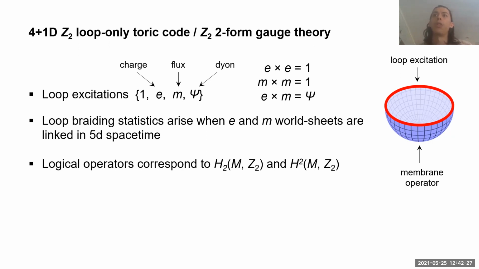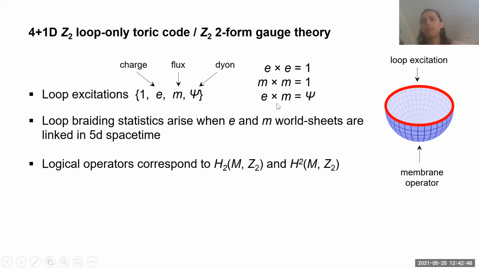So this theory has a loop excitation, the gauge charge, that we'll call E, and in 4D, the gauge flux excitations are also loop-like, so we'll call these M. And there's also a dionic loop-like excitation, which is a composite of an E and M excitation, and likewise this is called psi.